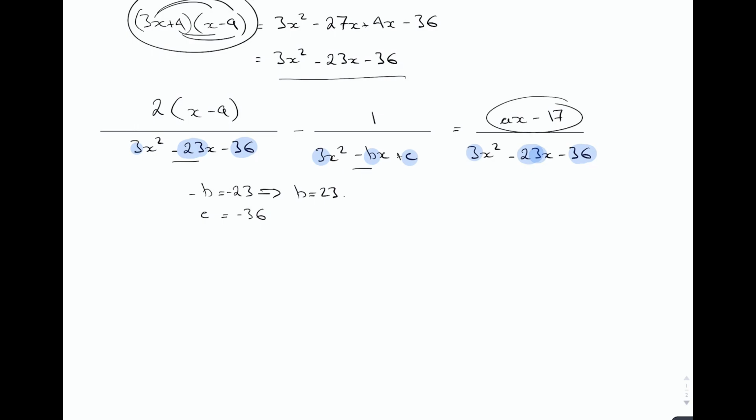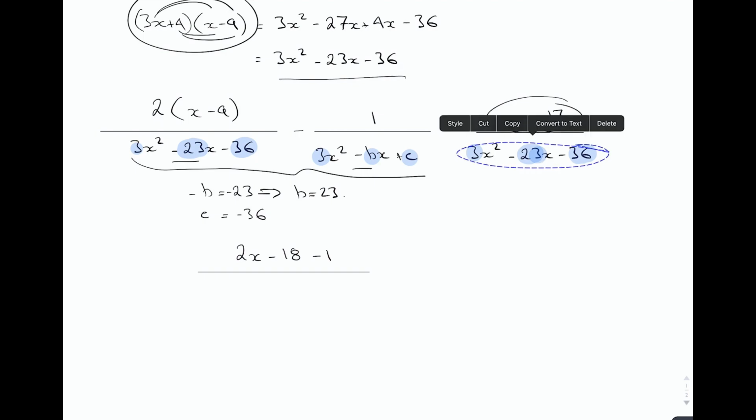Now we're left with the a value. But remember, these two fractions can be combined. So I get 2x minus 18 minus 1 all over that common denominator.